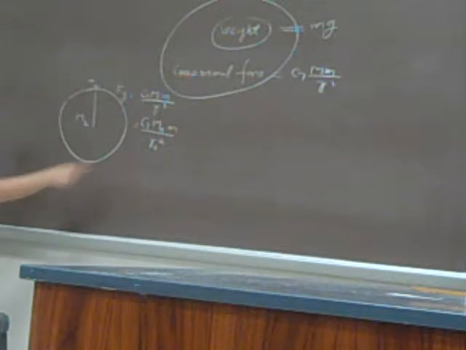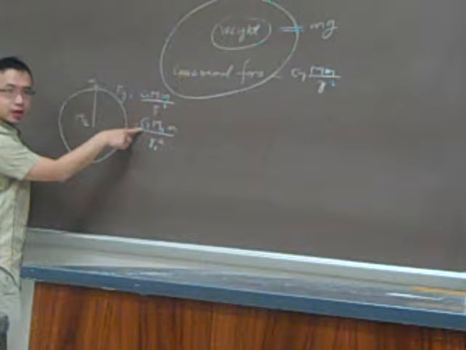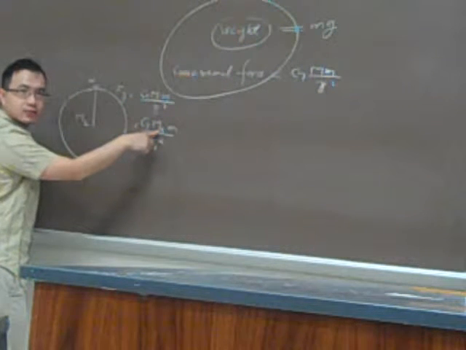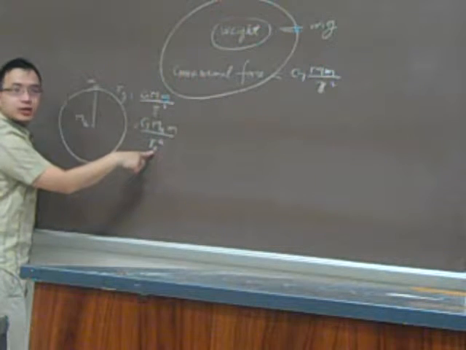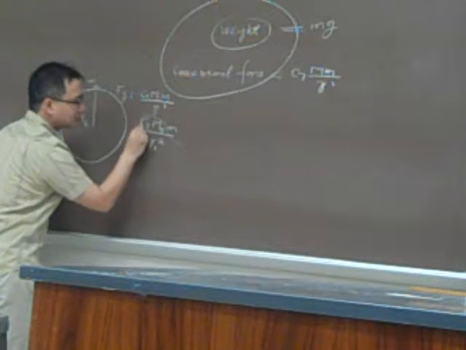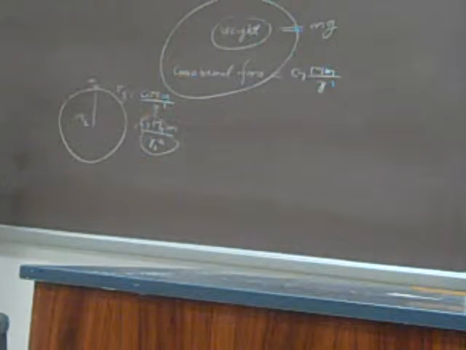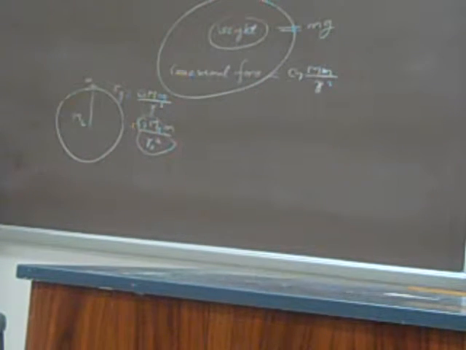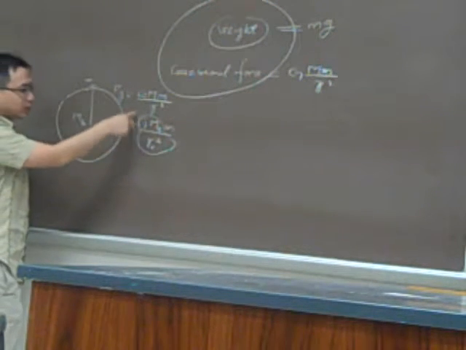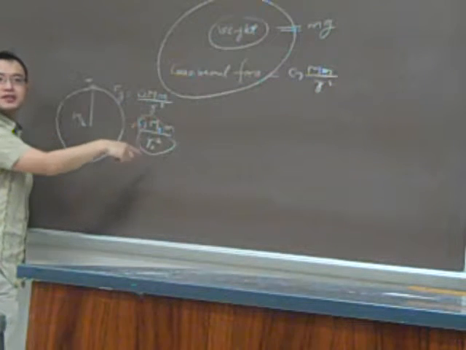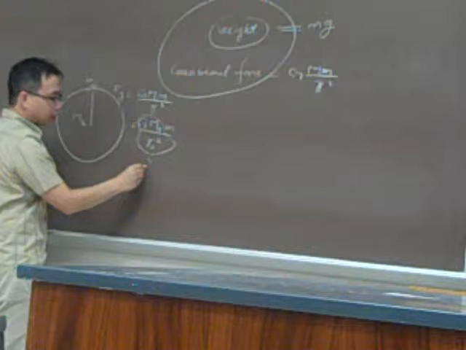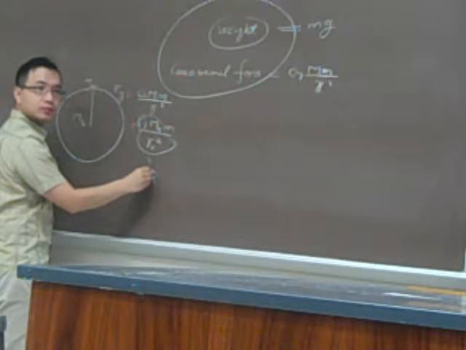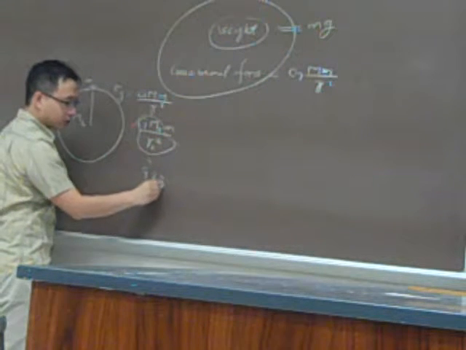G is the universal gravitational constant, this is the mass of the Earth, a constant, and this is the radius of the Earth, a constant. So together, this is a constant. We can calculate the combination of these constants. You can do the calculation by yourself, and you will see that it gives you 9.8 meters per second squared.